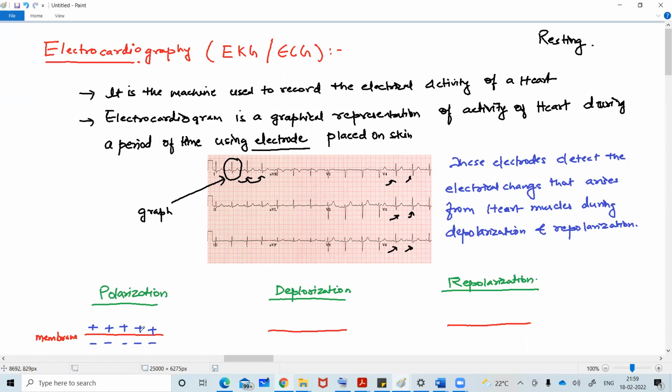Polar charges are separated by the membrane. When we say depolarized, suppose an impulse has been generated, right? So you can see there is a change in the region.